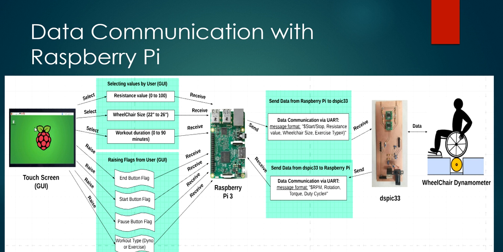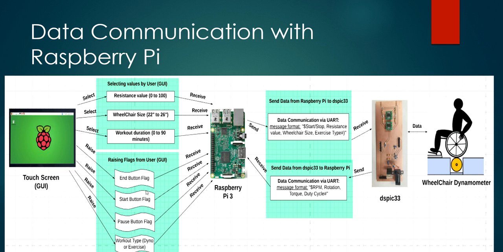The user will select different values and different buttons. As you can see here, we have the end button, the start button, the pause button, and the workout type, which selects whether we have dyno mode or exercise mode.